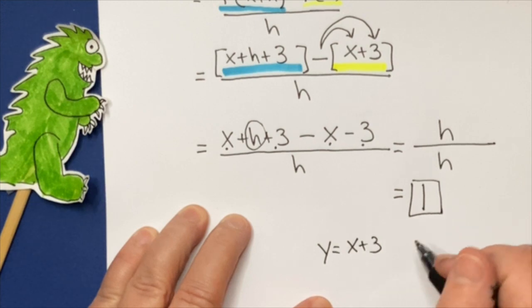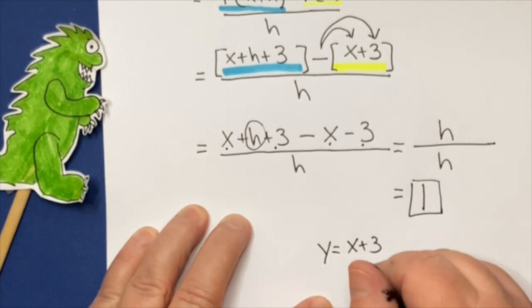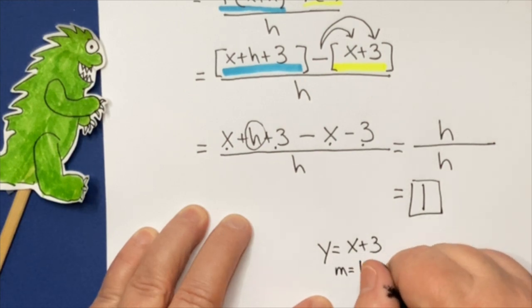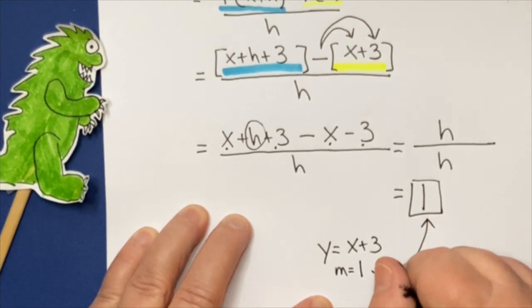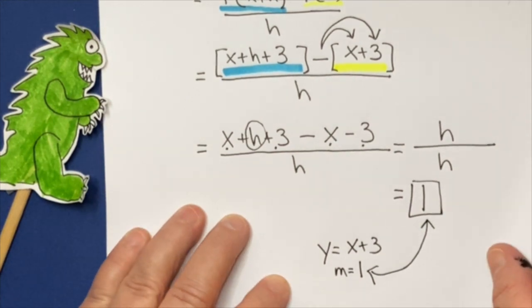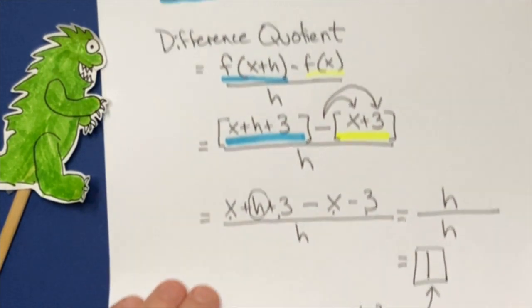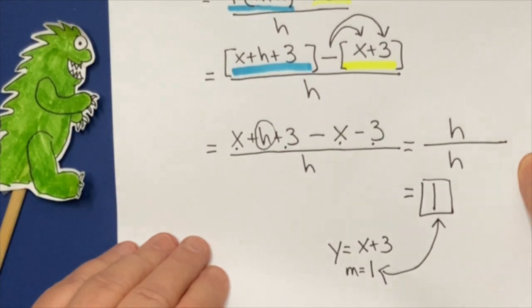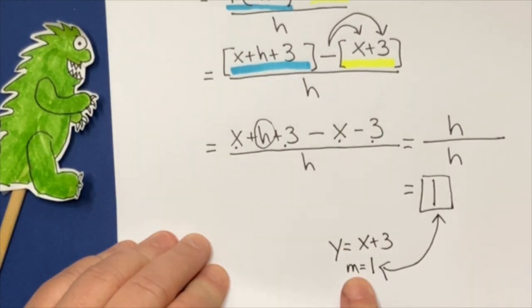If this is in slope-intercept form, what is the slope? The slope is 1. So, you can go ahead and giggle because I have now shown you the world's hardest way to find the slope of a line. But we did do it.